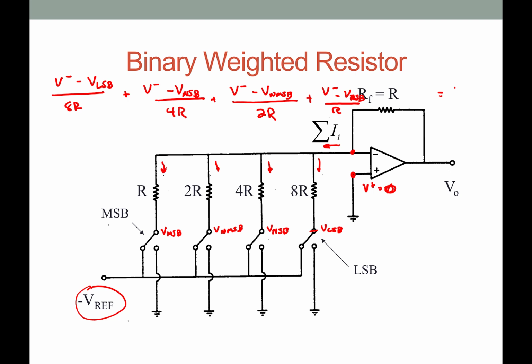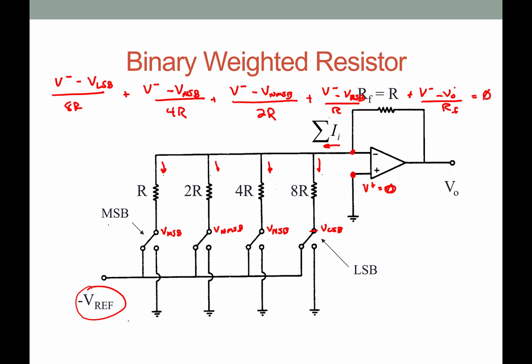And then I need to do the other current, so I'll just say plus V minus minus Vout over R. And we could say just RF like it has, but notice that RF is equal to R. And that sum of those currents is equal to 0.